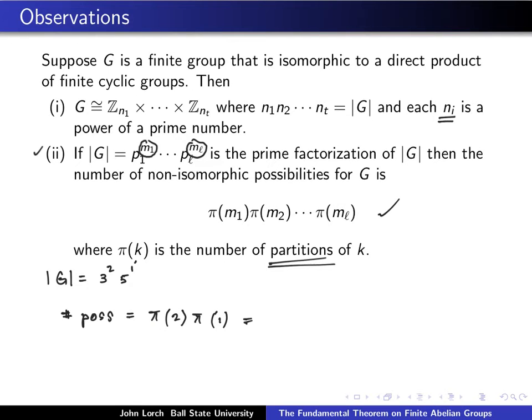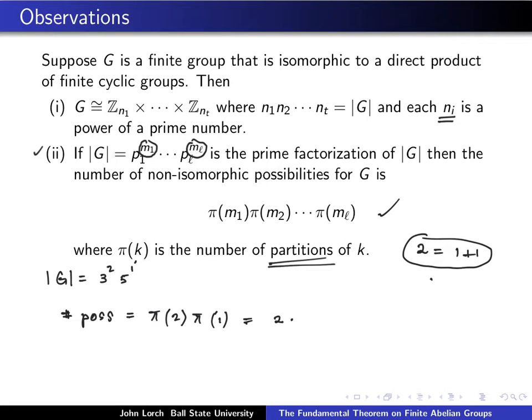How many ways can I write 2 as a sum of positive integers? Well, I could just write 2 as 2, or I could write 2 as 1 plus 1. So there are two ways to write the number 2 as a sum of positive integers. So pi of 2 is equal to 2.